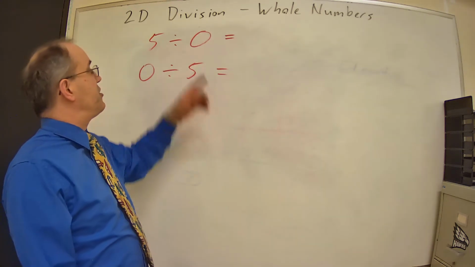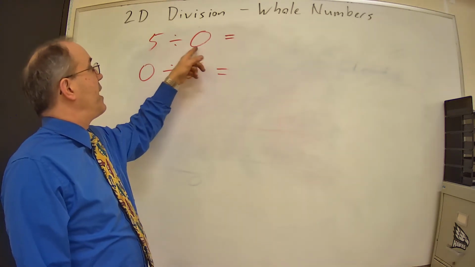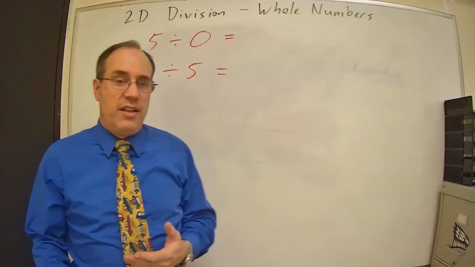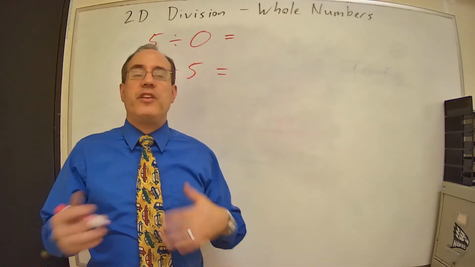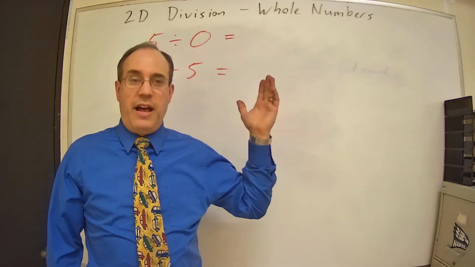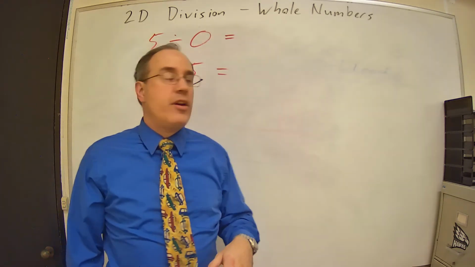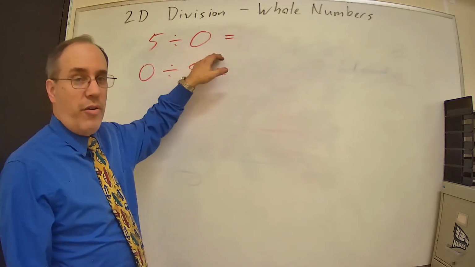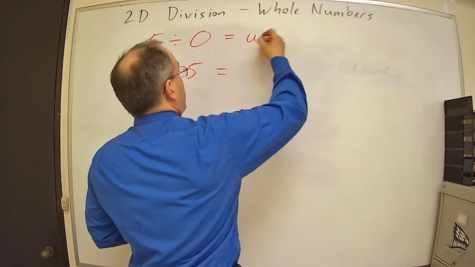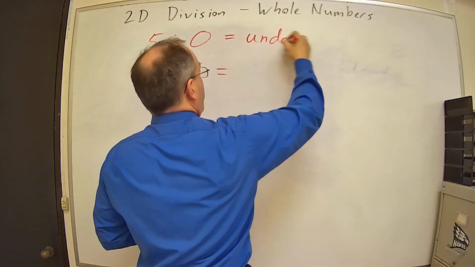So how many zeros can I multiply together to get 5? Actually, I could multiply an infinite number of zeros together, and I'm still not going to get to 5. So if you have a number divided by 0, then the result is undefined.